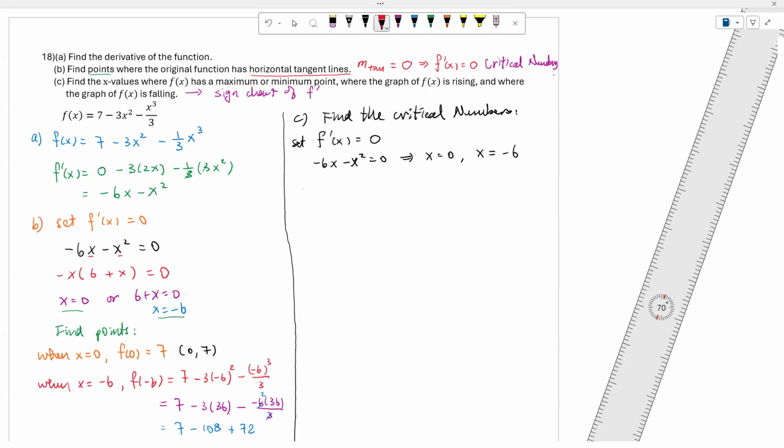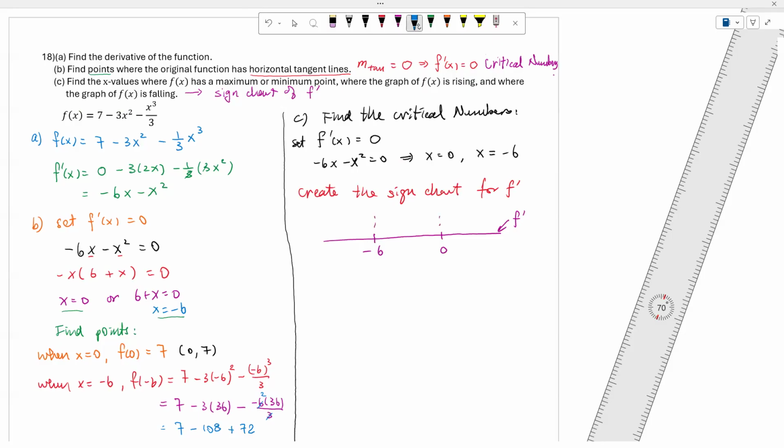Now we would like to create the sign chart for f prime. Remember, a sign chart is just a number line that contains only the critical numbers, so I only write down negative 6 and 0.